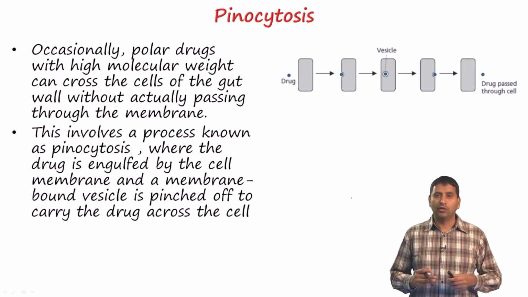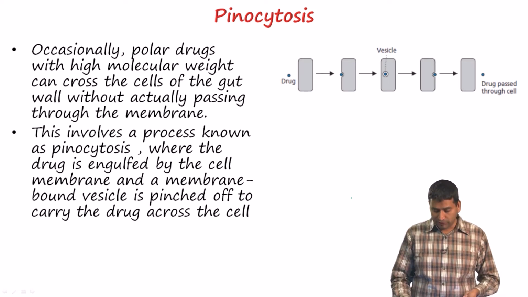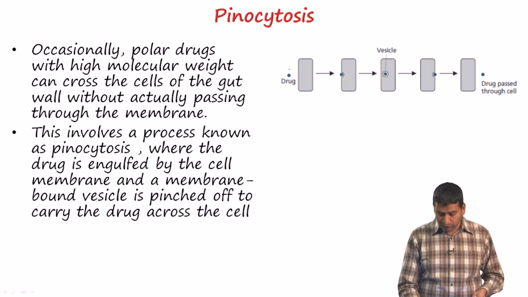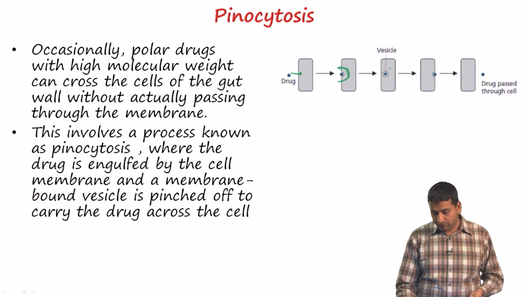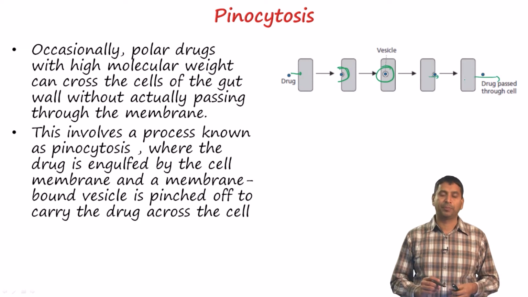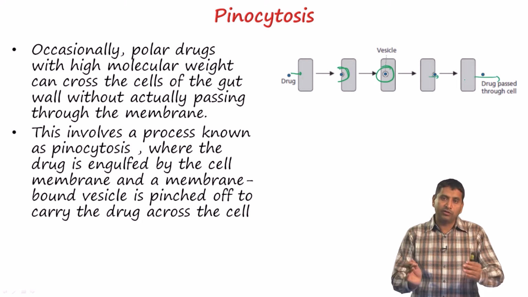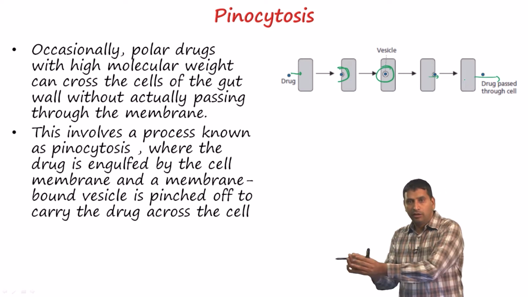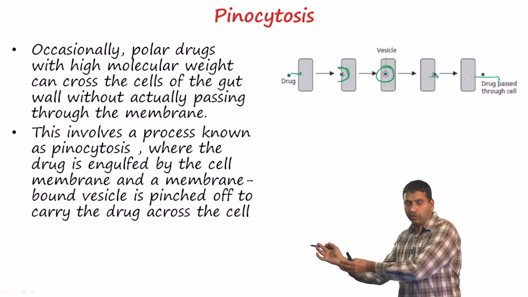The cartoon shown here describes it: a drug molecule interacts with the membrane, there is an invagination in the membrane which forms a vesicle, and subsequently it is transported to the other side and the drug is passed through the cell. It is a process by which the drug is engulfed and pinched off to carry it to the other side.